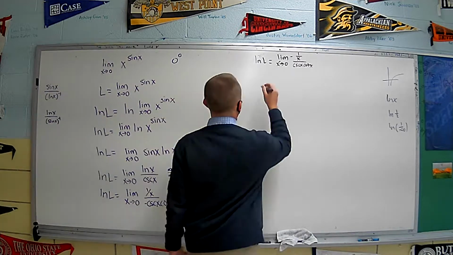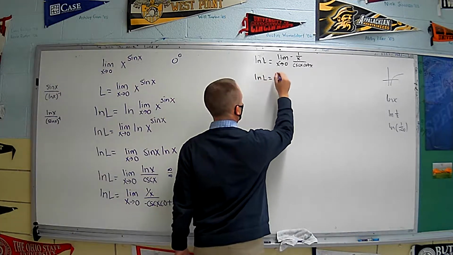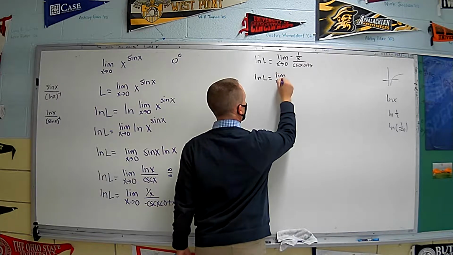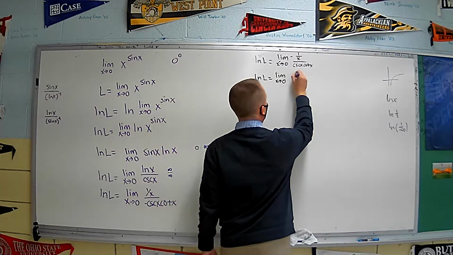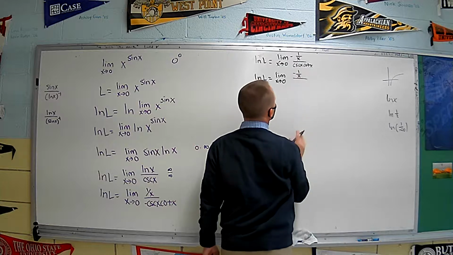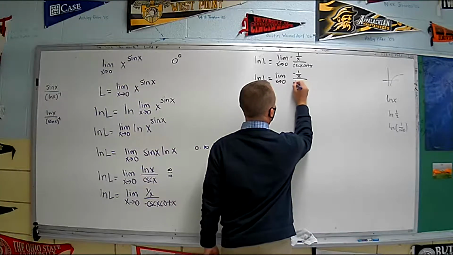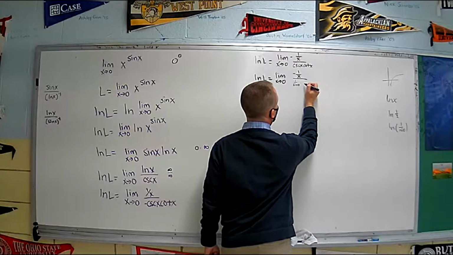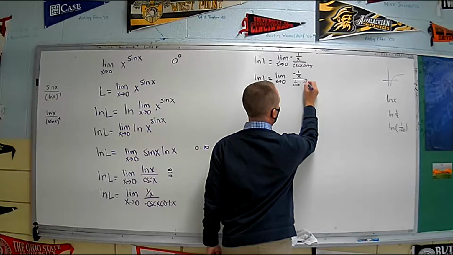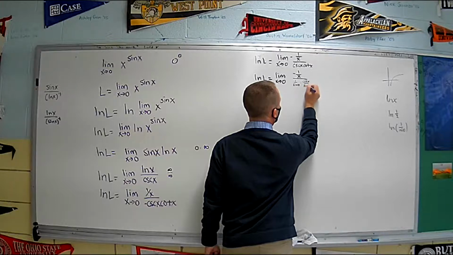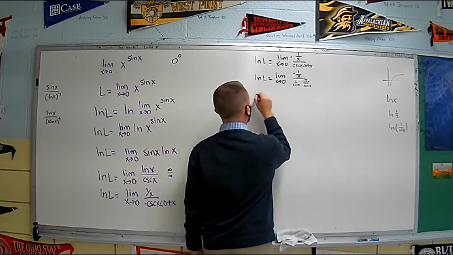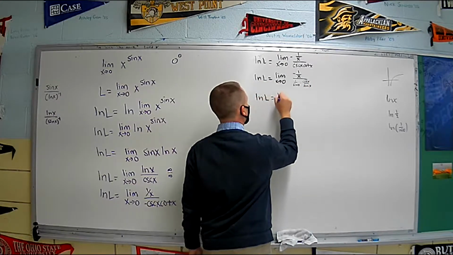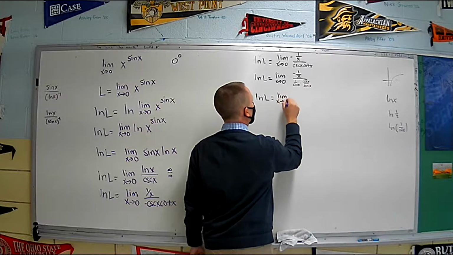So before we try to do L'Hopital's rule again, let's just do some little housekeeping. So I have negative 1 over x over cosecant is 1 over sine, and cotangent is cosine over sine. So this is cosine over sine squared.